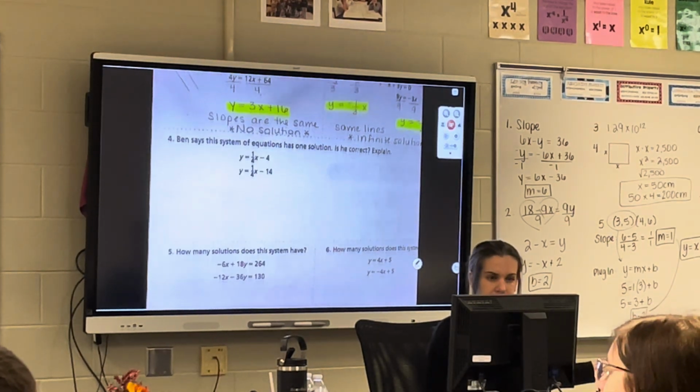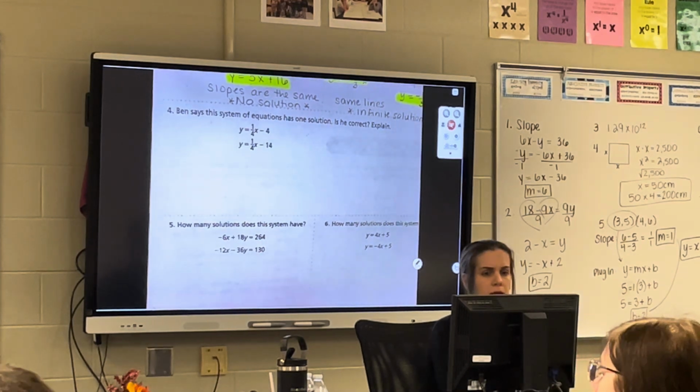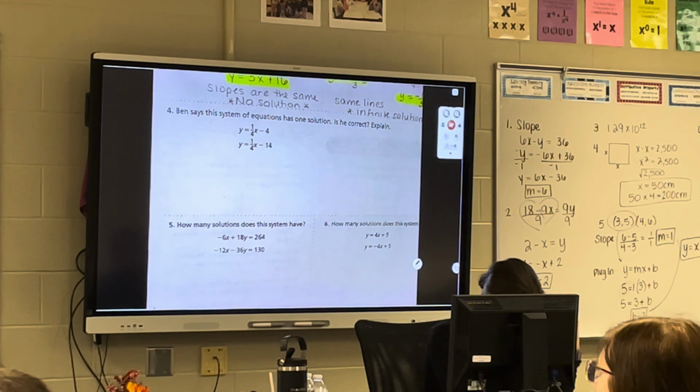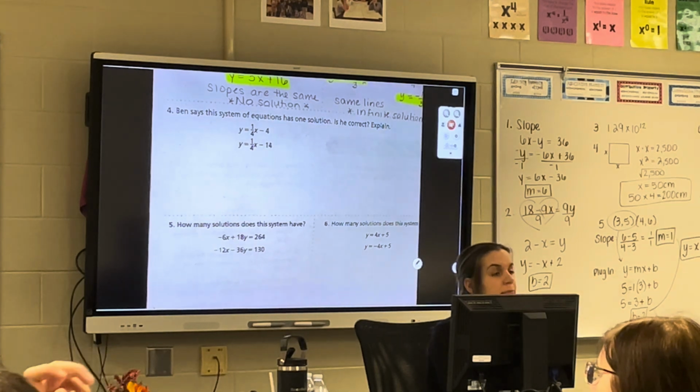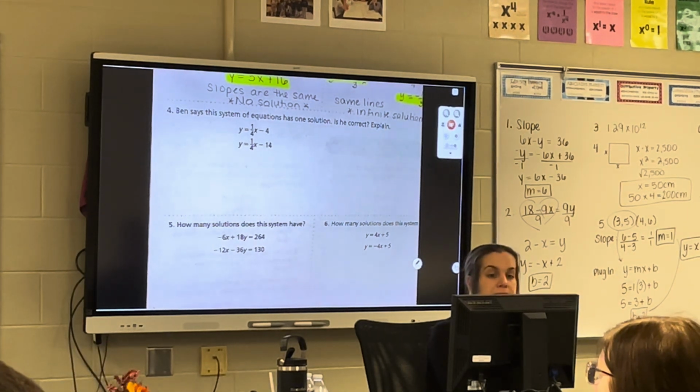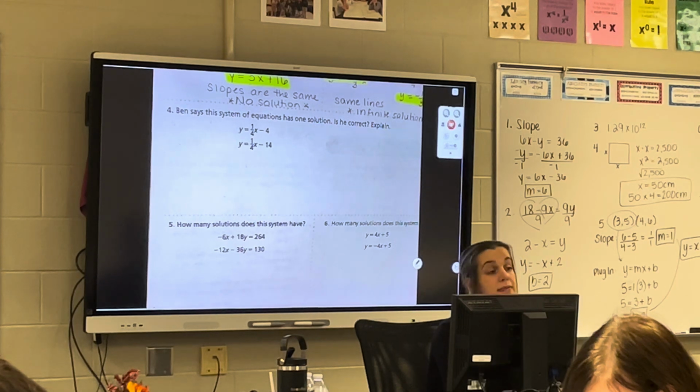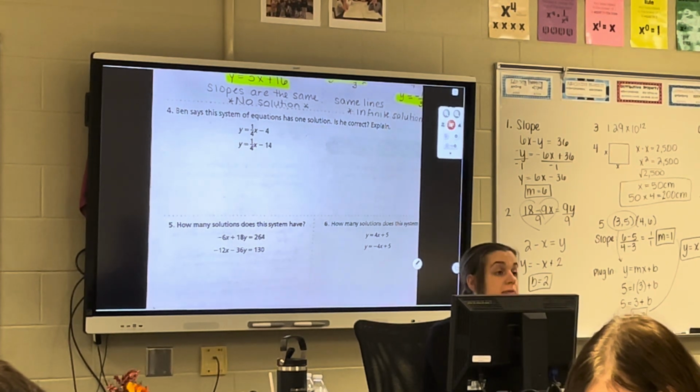Okay. All right, number 4. Ben says the system of equations has one solution. Is he correct? Alright, Bryson, this is your question. If you need to, tell me what you notice about the equations. They both have the same slope.